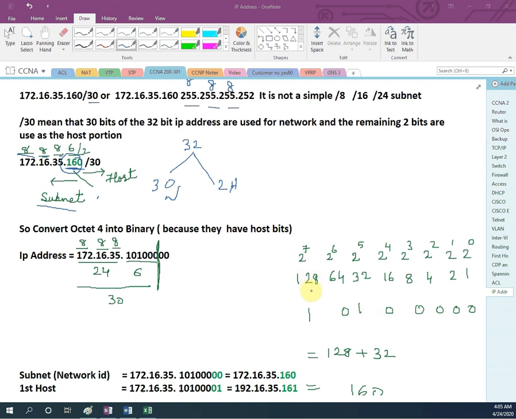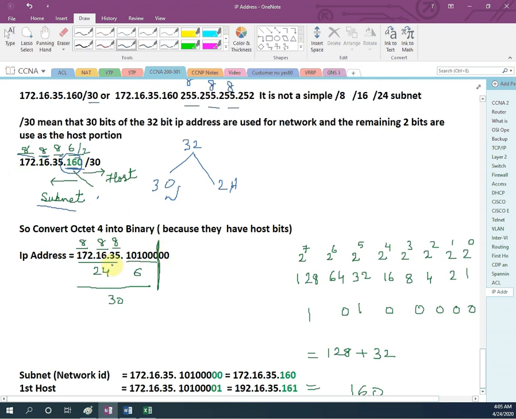We will check, this is 128 plus what? If we add 128 plus 32, then it becomes 160. See here what I wrote: 128 plus 32 becomes 160. So here is 1, then here is 0, here is 1, and the remaining are all 0. So I converted 160 into binary.